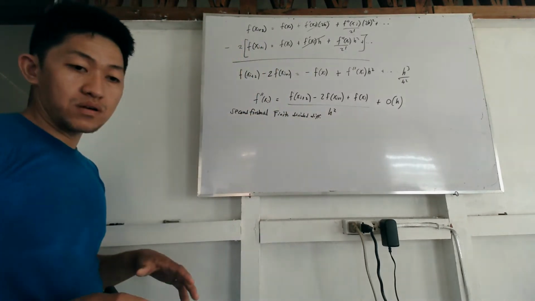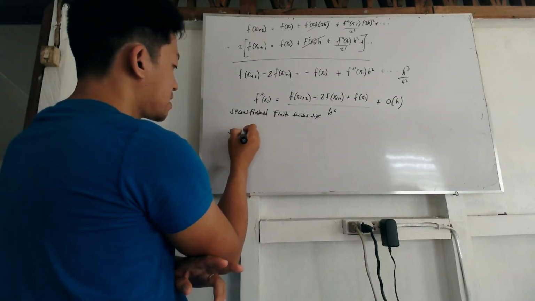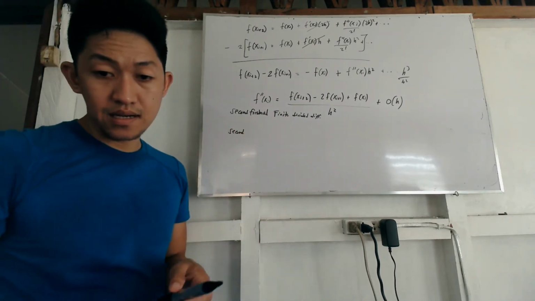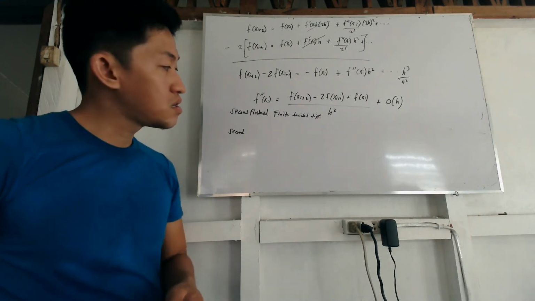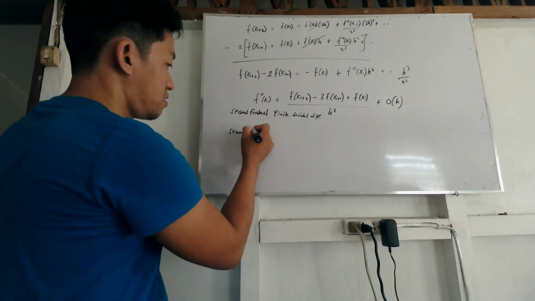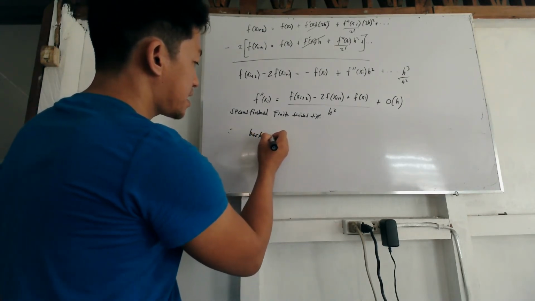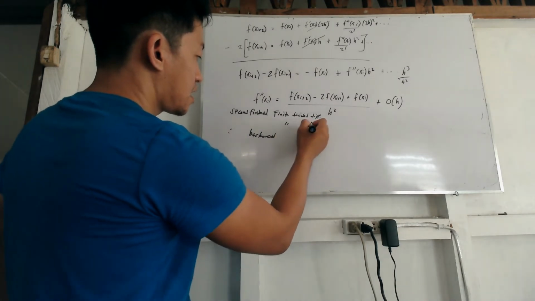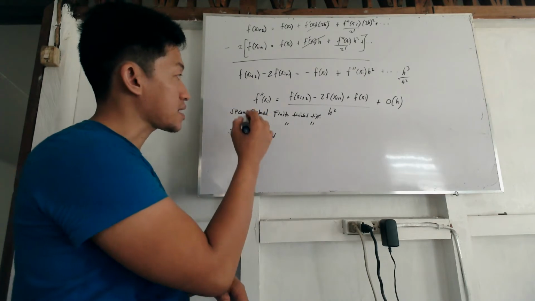So in the same way, we can derive the second backward difference approximation for the second order.